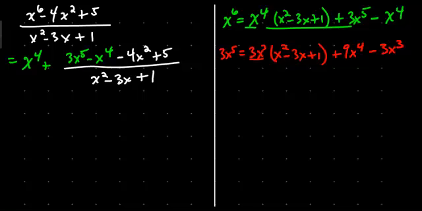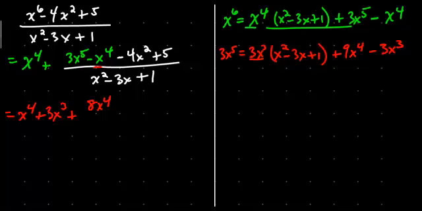Okay, so here we're going to get equals x to the 4th plus 3x cubed plus 9x to the 4th, and this x to the 4th is going to give me 8x to the 4th minus 3x cubed.